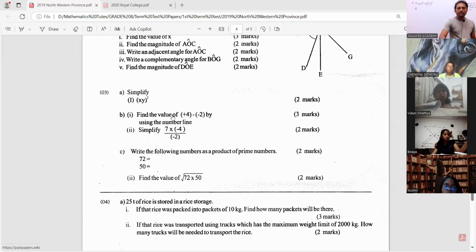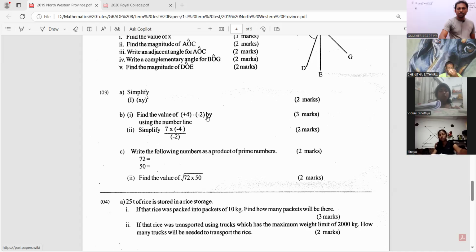Second part, find the value of positive 2 subtract -2 by using a number line. Okay, using a number line, you have to draw this one. You have to find the value. First, I will draw the number line, a suitable number line. 0, positive direction, I will mark 1, 2, 3, 4, 5, 6.